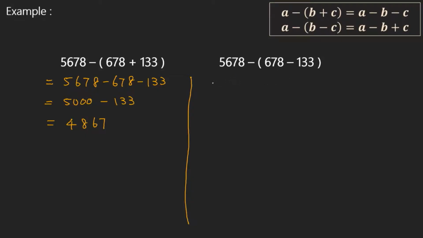Now for this one on the right, we have 5,678. Removing the parentheses gives us minus 678 plus 133. This is also 5,000 and then plus 133, which gives us 5,133.